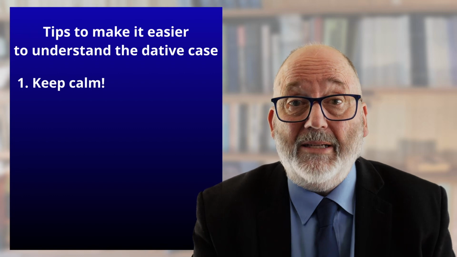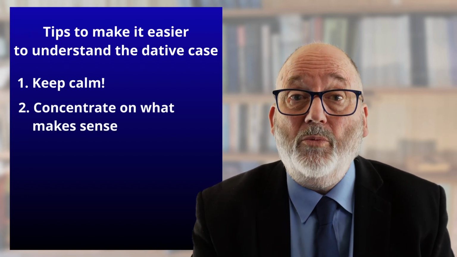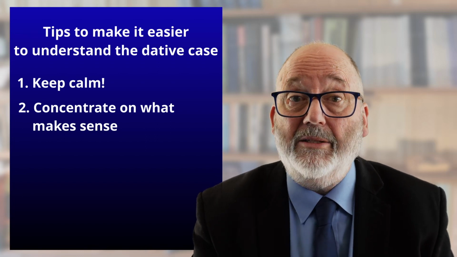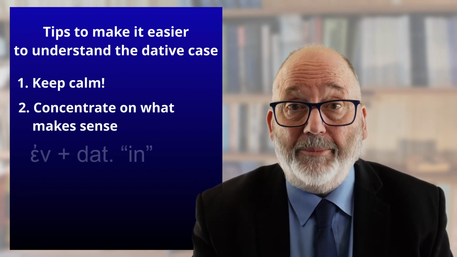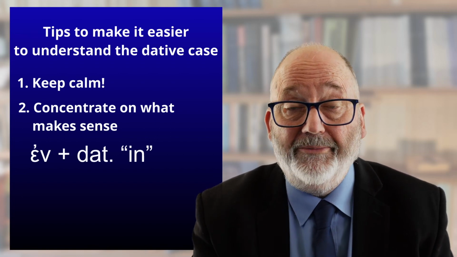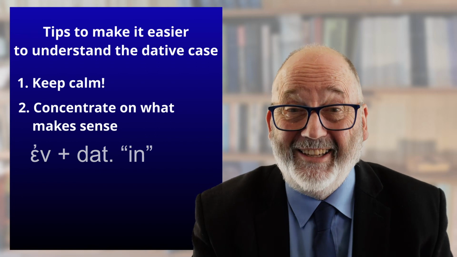My second tip is that you should stick to what makes sense to you. So there are some easy things with the dative case. For example, en, meaning in, is followed by a dative, and it's easy.